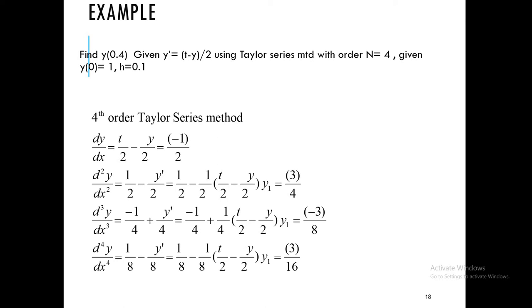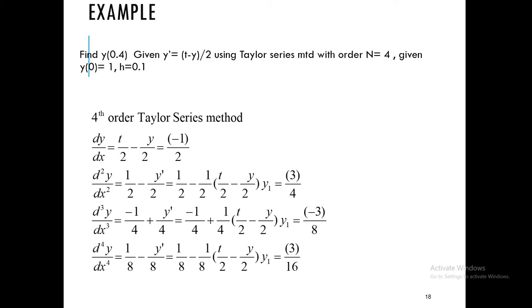The derivative of t with respect to t is 1, so that's 1 over 2, minus the derivative of y with respect to t, which is y prime over 2. Y prime is (t minus y) over 2. You get it?